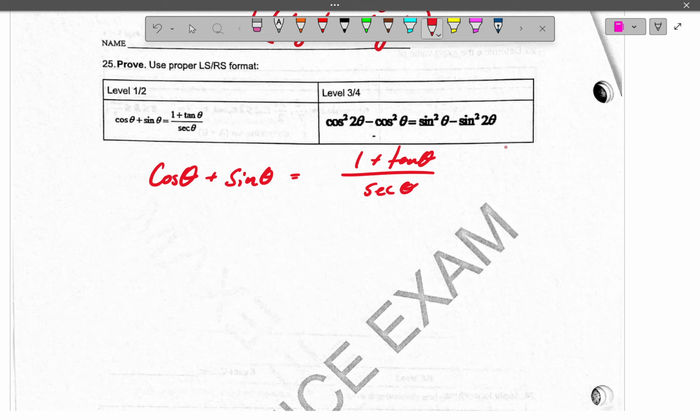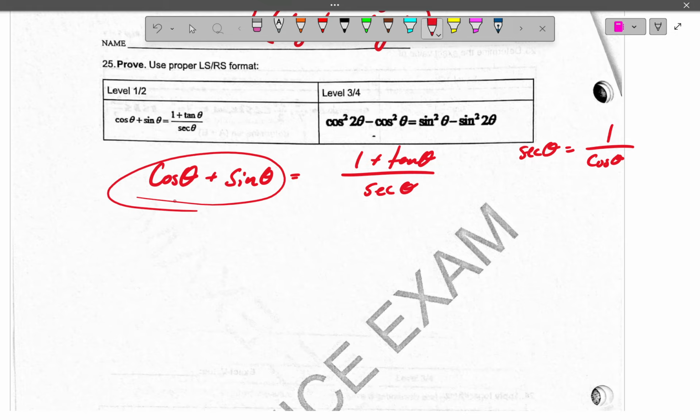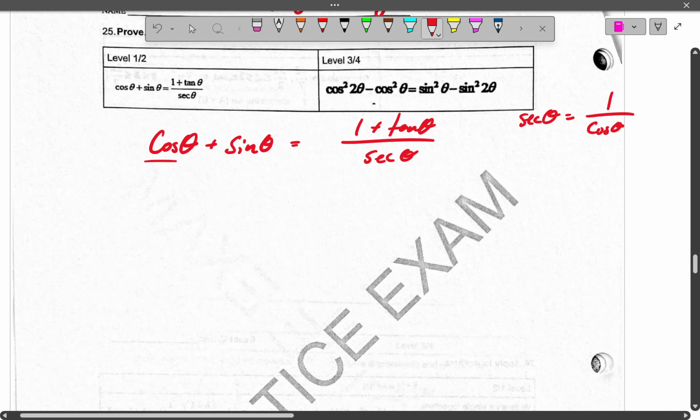And just as a reminder, secant theta is equal to 1 divided by cosine theta. So I see here that I have something divided by cosine theta on the right, and that everything here is written under one denominator. So instead of writing this as what I have here, I can divide both of these terms by something.